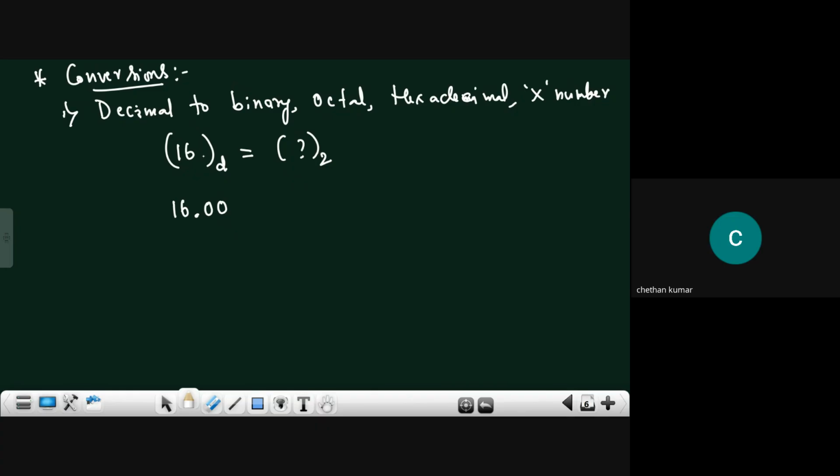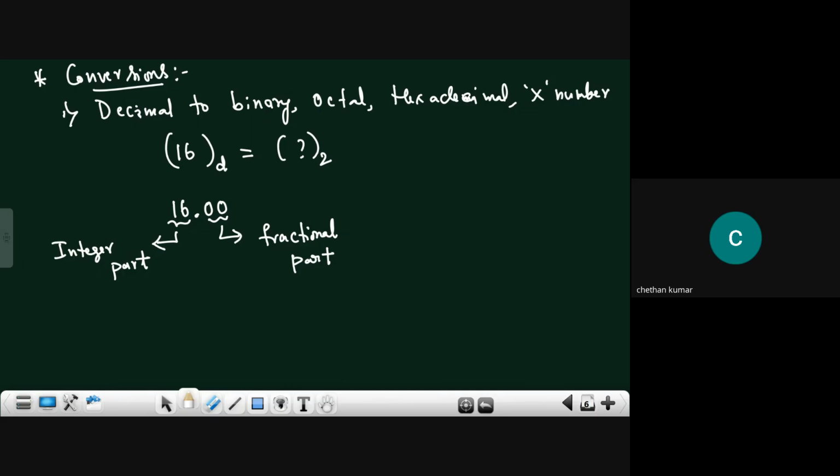What do you call this part of the digits? Integer part. And this part you call the fractional part. Correct? This is the integer part and this is the fractional part.